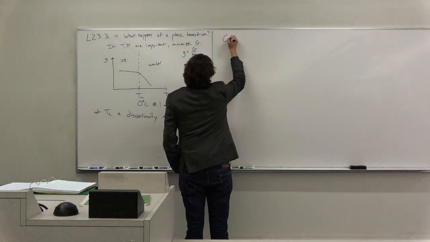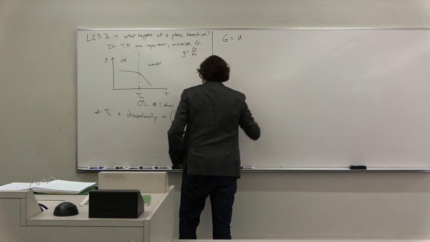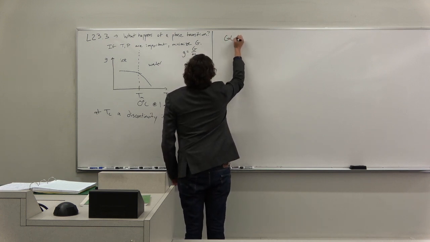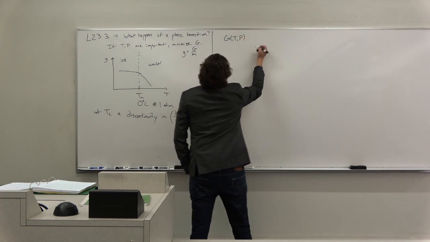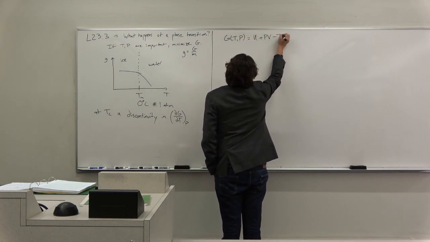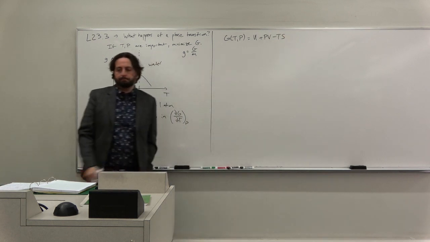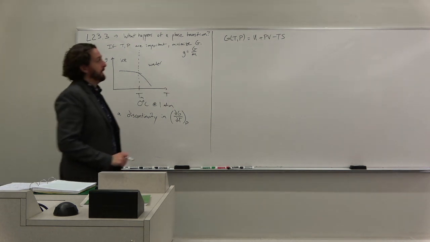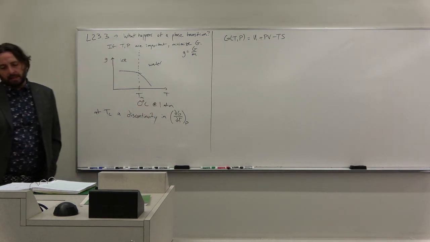Remember G of T and P is U plus PV minus TS.